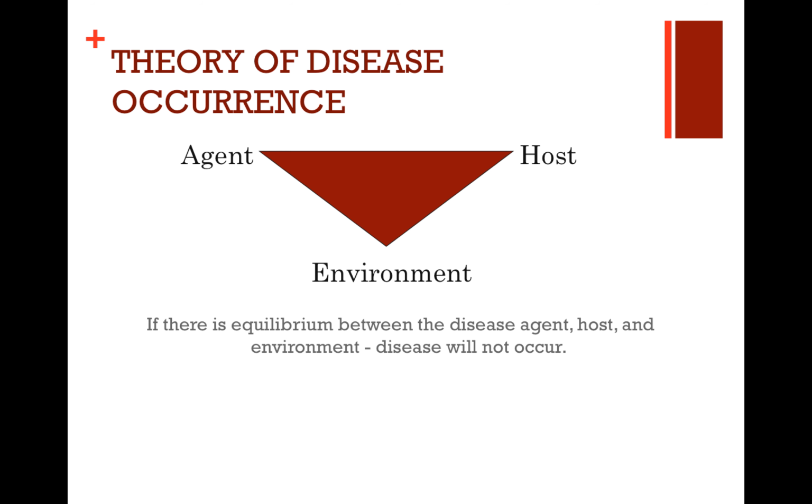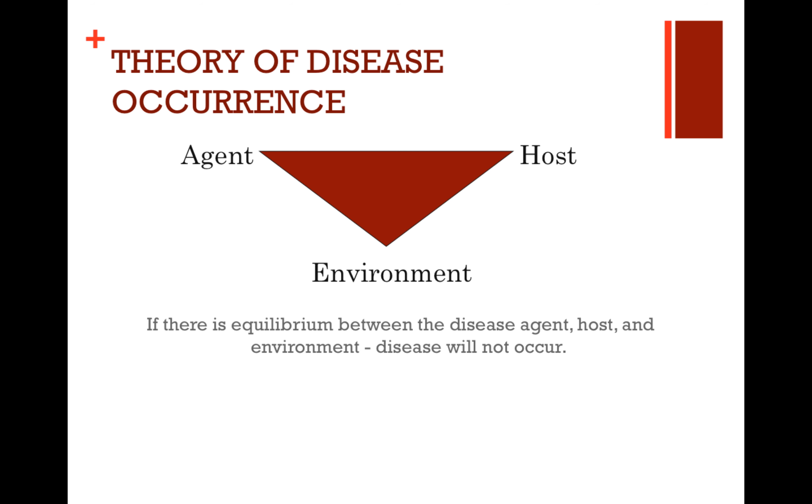If the host, humans in this case, have low immunity, so when you're initially born, if you are immunocompromised due to other conditions, if it's finals time and you're not sleeping well or eating as well, or if you're drinking a lot, that can reduce your immune system. You're more susceptible to becoming ill.